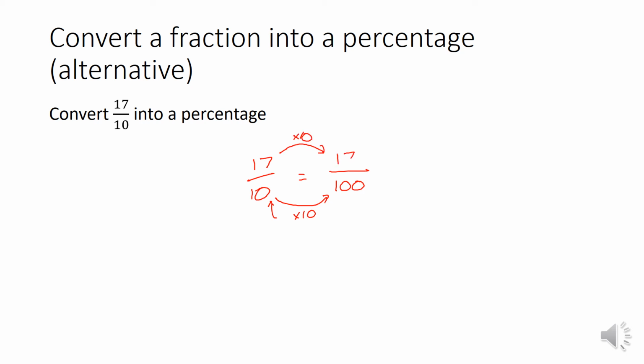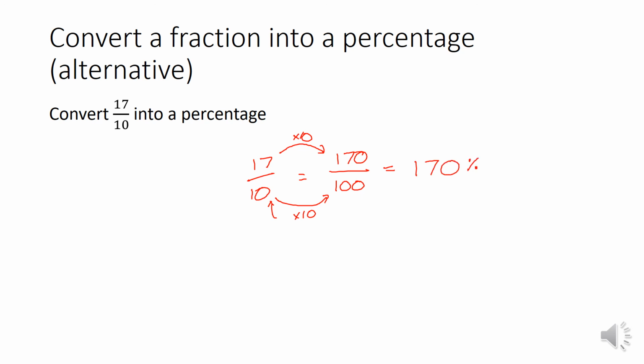So we get 170 out of 100. This looks a bit odd because we've got more than 100 on the top. But this is fine, this is just like with the decimal one that we did before, where we ended up with 1.7.